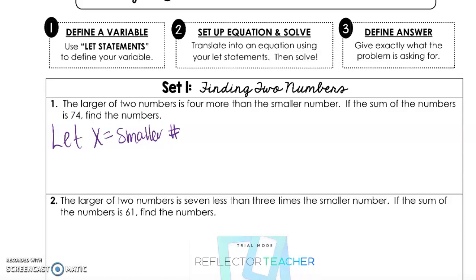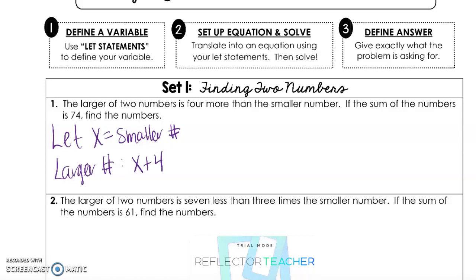Since x is the smaller number, the larger number is going to be x plus 4, 4 more than the smaller number. You can only use one variable in each problem.